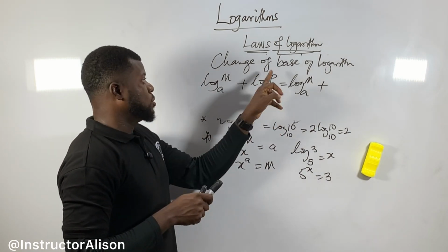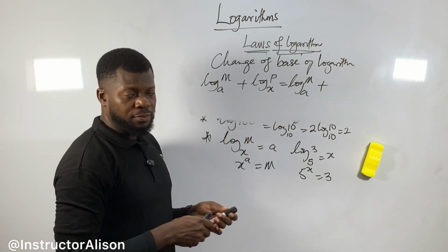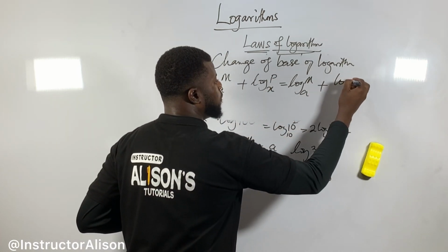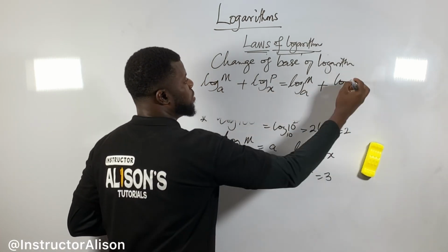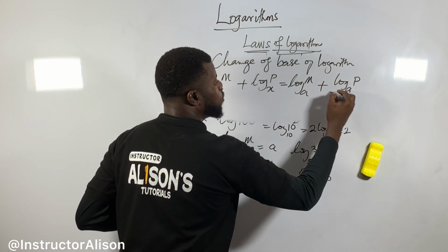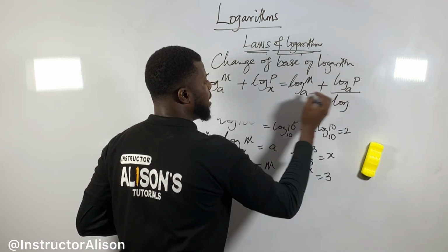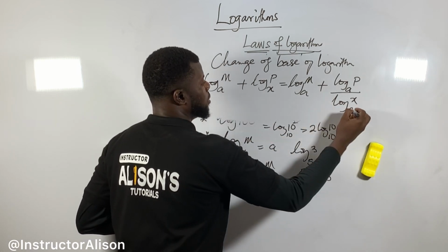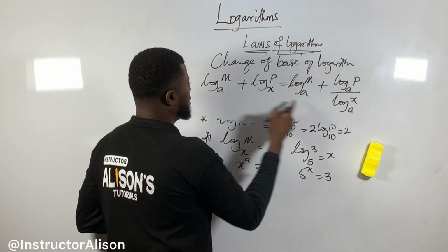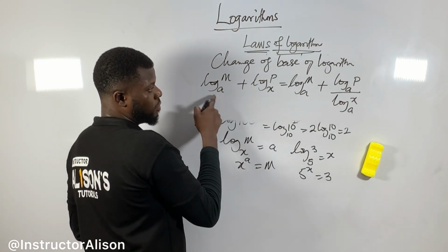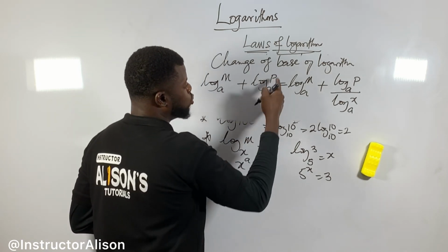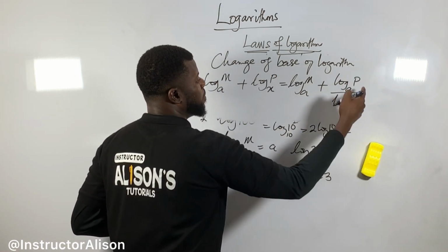How do I relate them? Remember I said log of base a, I will take log of p base a over log of x base a. So log of base a will be the leading log base, and these two can then be placed up and down.